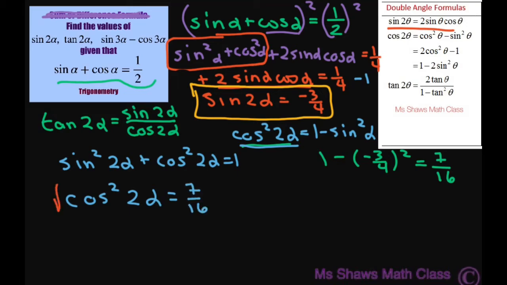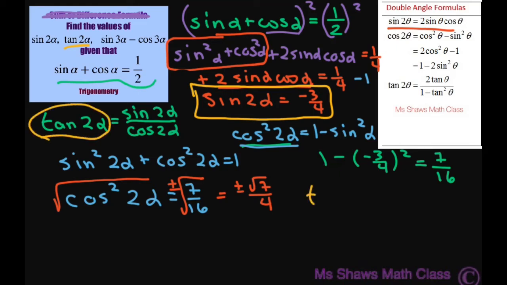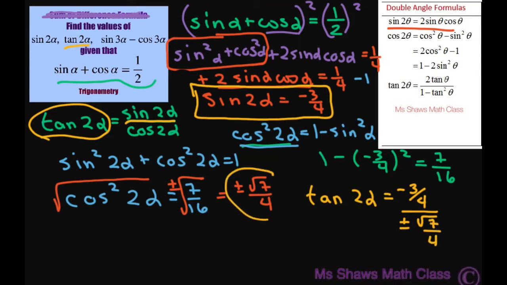Therefore, as you square root both sides, you get plus and minus, and this is going to equal plus or minus square root of 7 divided by 4. Now, let's try to do our tan of 2 alpha here. So tan of 2 alpha equals sine of 2 alpha, which is negative 3/4, divided by plus or minus square root of 7 divided by 4, given here.